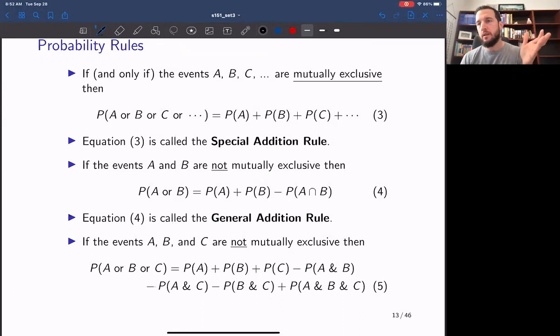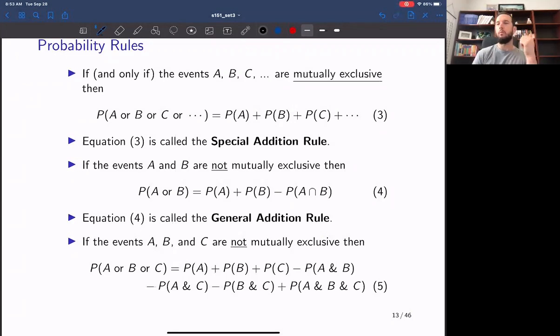Now, going back to the question that was just answered, do we list the elements that are the same twice? We do not. And as a result, when we compute the union of intersecting events, we actually have to subtract off the intersection so that we do not double count it.